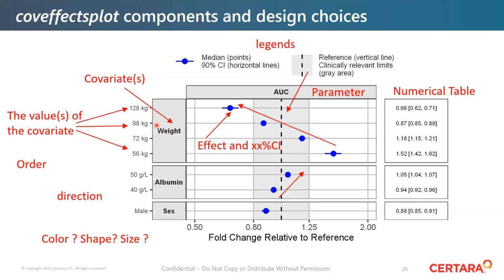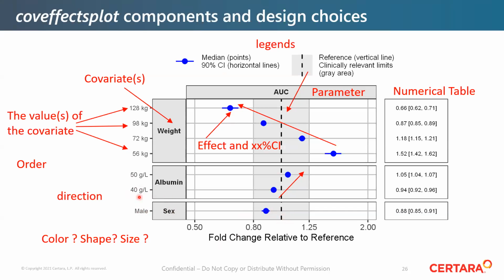On the left side, I have the covariate name, so weight. So I know these are the effect of body weight at 56, 72, etc. kilogram. Here it's a univariate case where I vary weight, holding albumin at reference, and so on. That's the effect of albumin when albumin changes from 40 to 50. That's the effect of male as compared to my reference female.